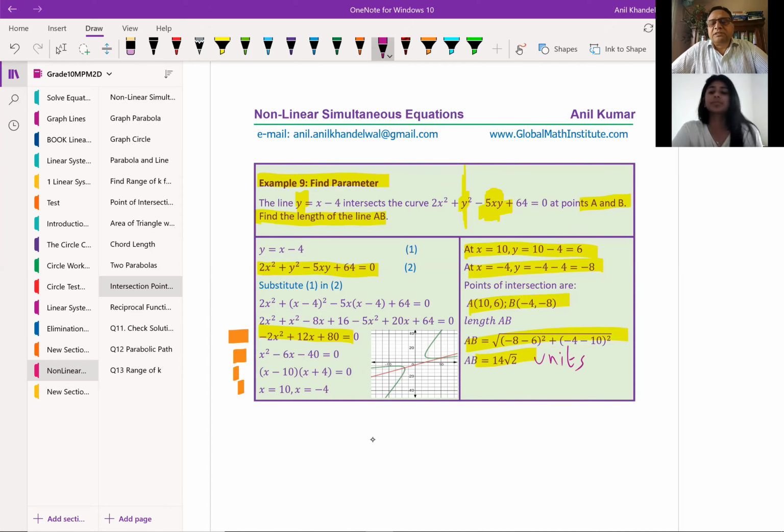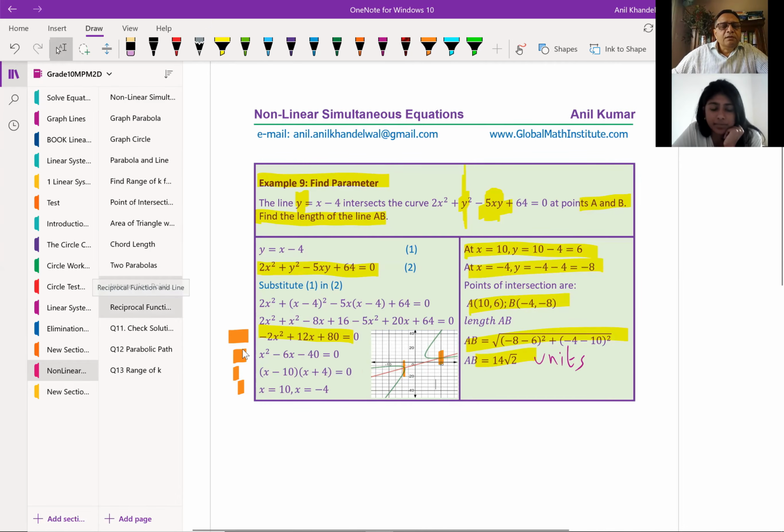So here is a small sketch, the diagram of this particular situation, how the graph will look and how the line cuts across it. That gives you a visual look of the solution. Is that clear to you? Yes. So this is a very important question. I'd like you to really solve it yourself and understand the whole concept, okay?